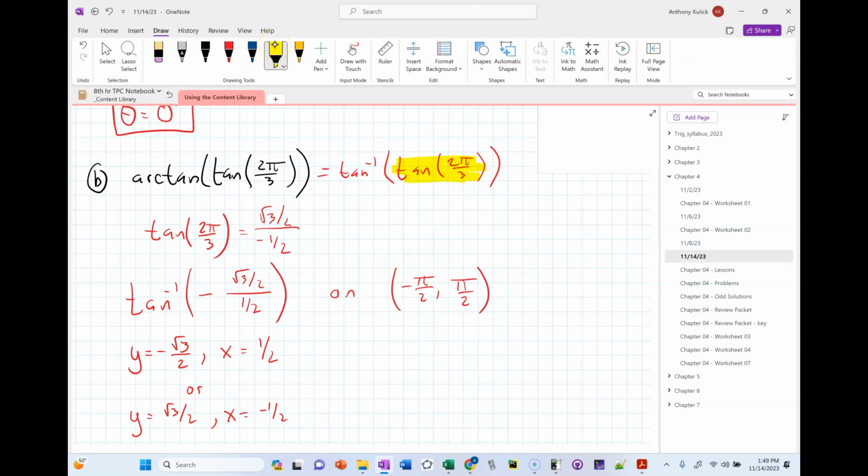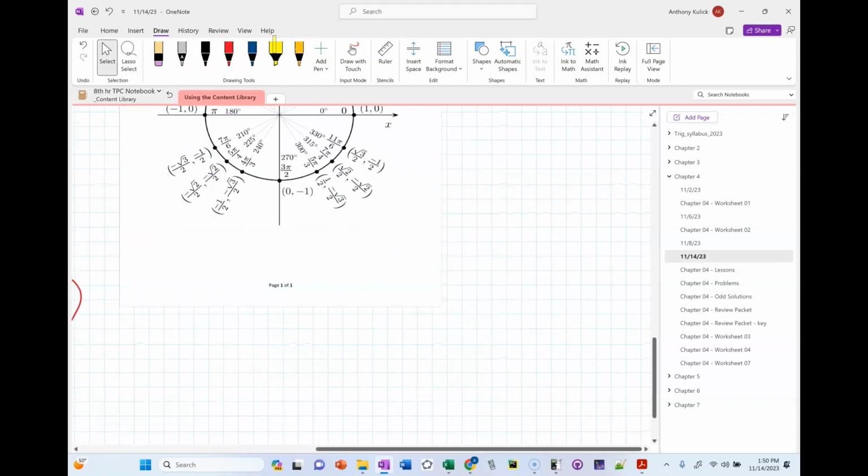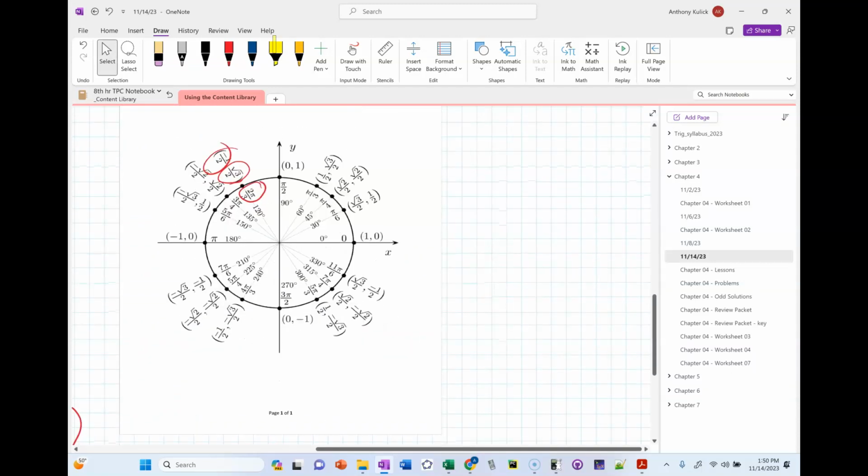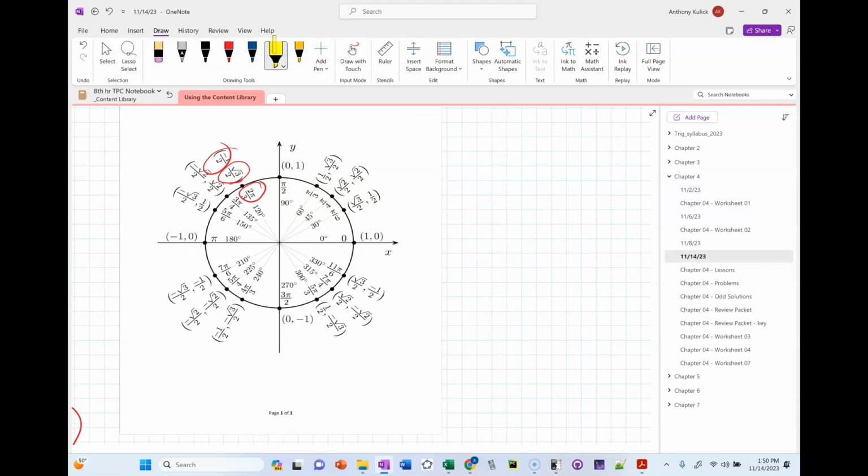So let's go to our unit circle. Negative pi over 2 to positive pi over 2 is what part of our unit circle? What quadrants? 1 and 4 is correct.